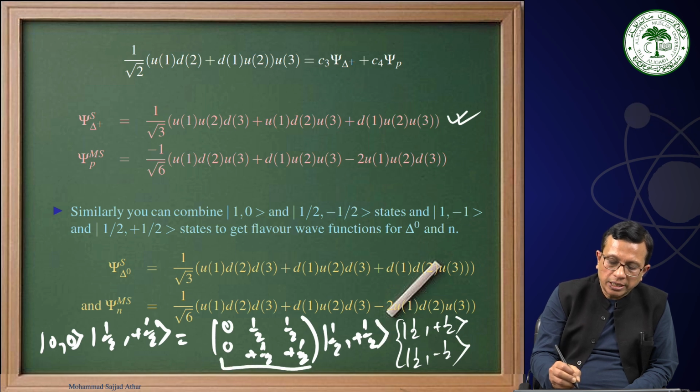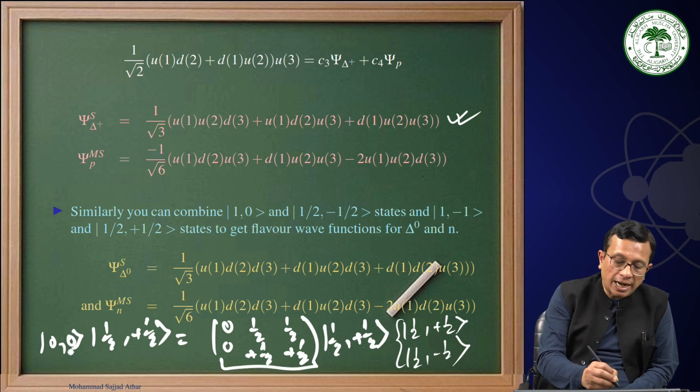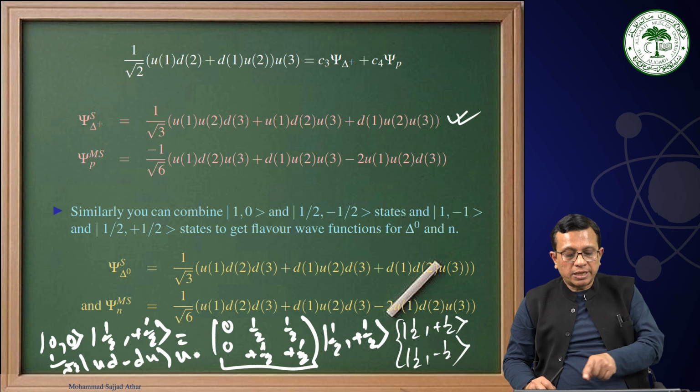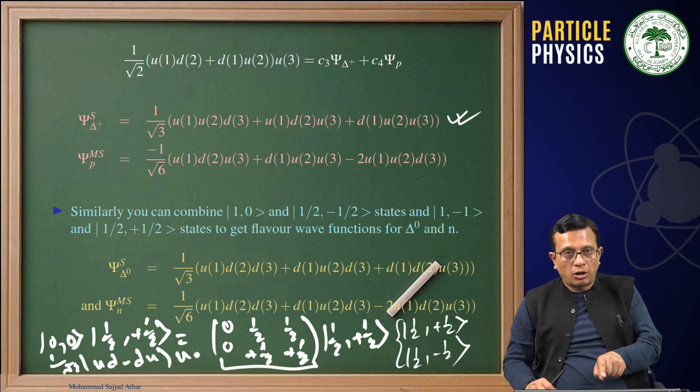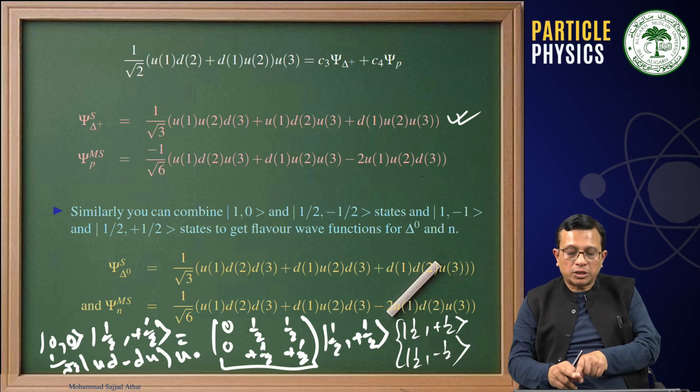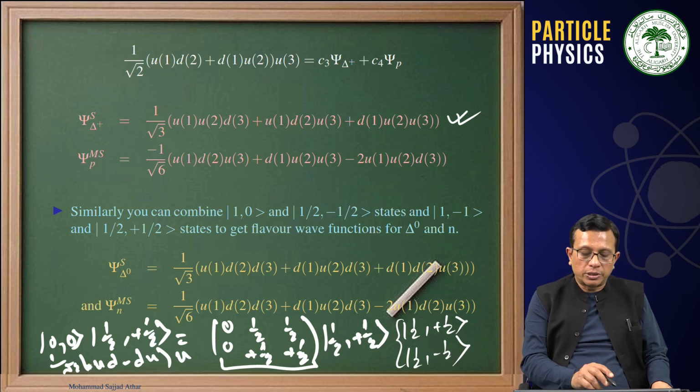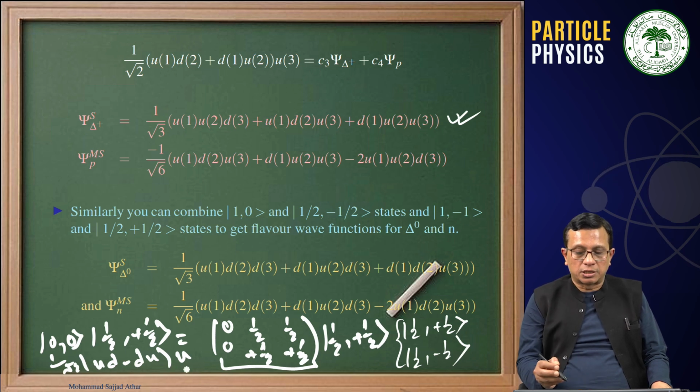The Clebsch-Gordan coefficient is 1, and this was 1 by root 2 (ud minus du), and half plus half is u. Therefore, for this you are also getting a result for the proton. This is 1 by root 2 (ud minus du) times u, and you can bring it inside. This will be u du minus duu.